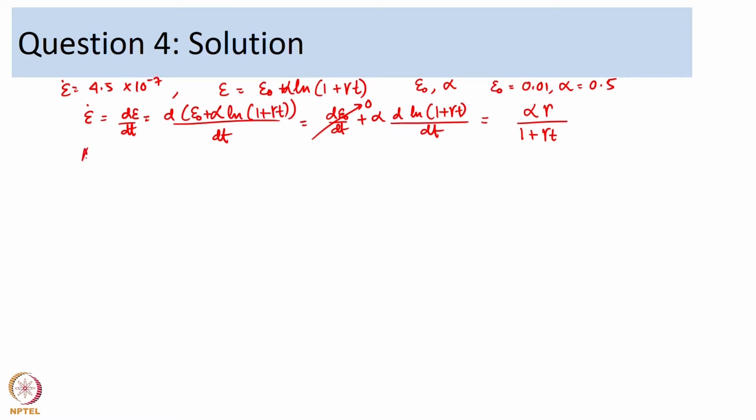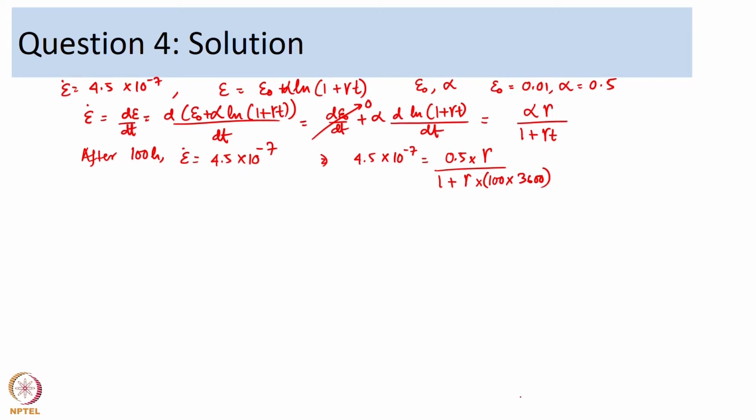Now, the strain rate of deformation after 100 hours is epsilon dot equal to 4.5 into 10 to the power minus 7. So, this implies 4.5 into 10 to the power minus 7 is equal to 0.5, that is the value of alpha, into gamma. We do not know gamma. So, 0.5 into gamma divided by 1 plus gamma into 100 hours. 100 hours is 100 into 3600 seconds, since 1 hour is 3600 seconds.